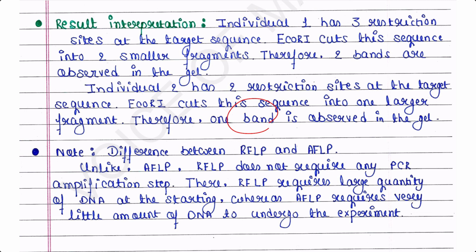Thus, RFLP requires a large quantity of DNA at the start because it does not undergo any PCR, whereas AFLP requires very little DNA to undergo the experiment, because it is using PCR and a very small amount of DNA is enough for that. This is the difference between RFLP and AFLP.